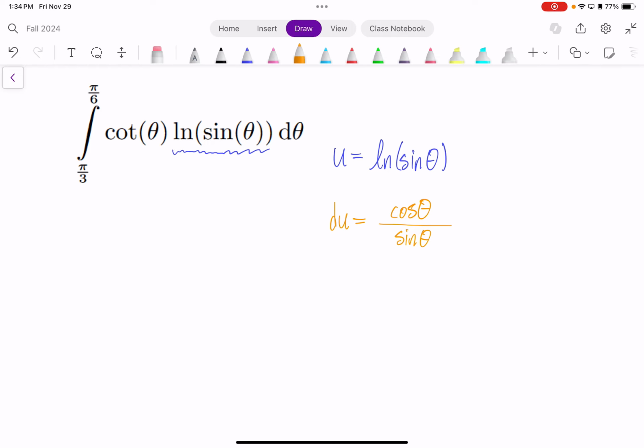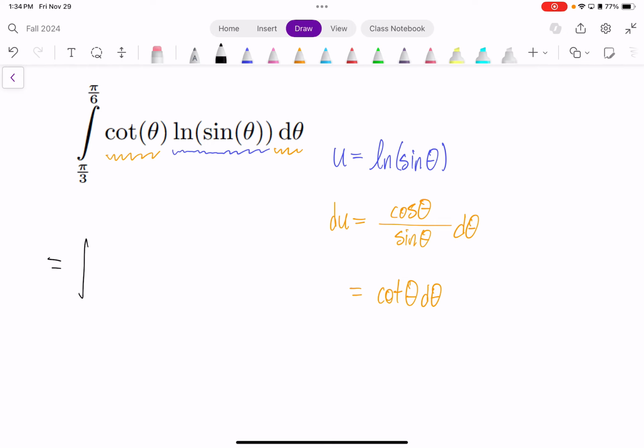So we'll get a cosine of theta d theta. Would you look at that? du is just going to be cosine of theta over sine of theta, that's just our cotangent of theta. So we'll have cotangent of theta d theta. So now we have everything left that we have to substitute here. We've got our blue portion here, we've got our orange portion there.